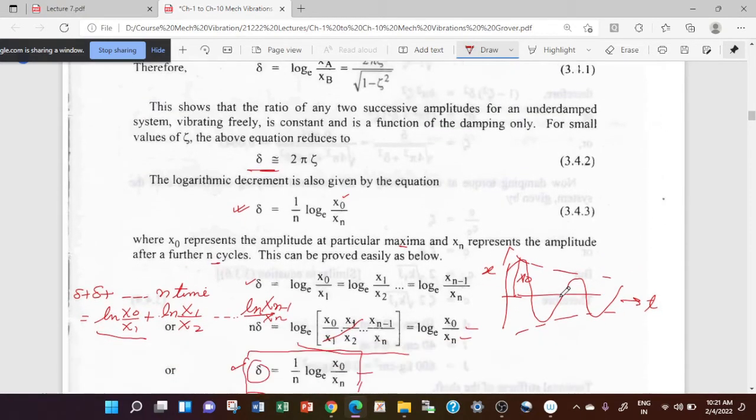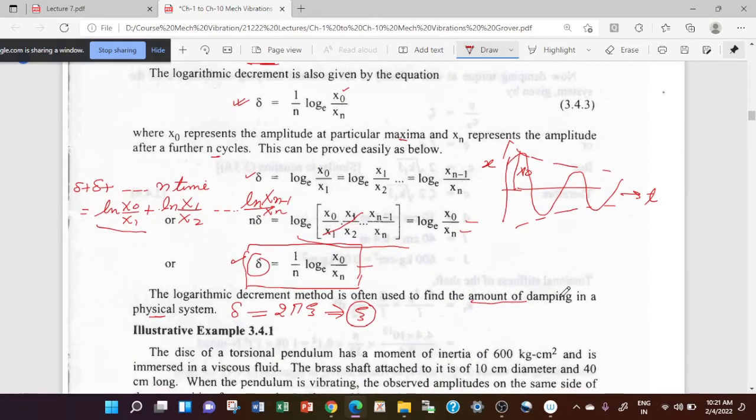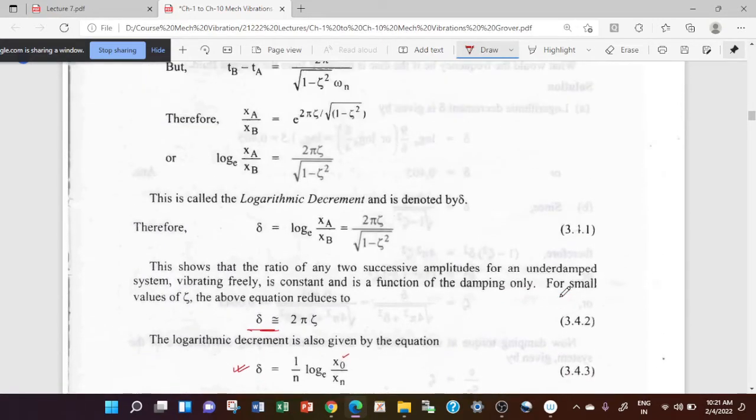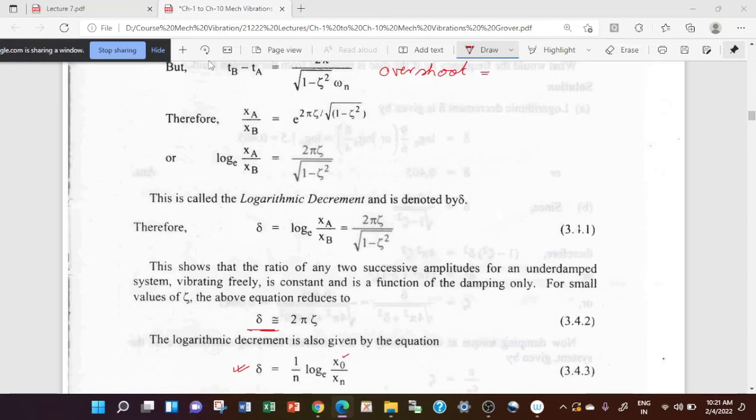In some problems, you will be finding the overshoot type of things. So generally, overshoot can be given here as x half upon x naught.